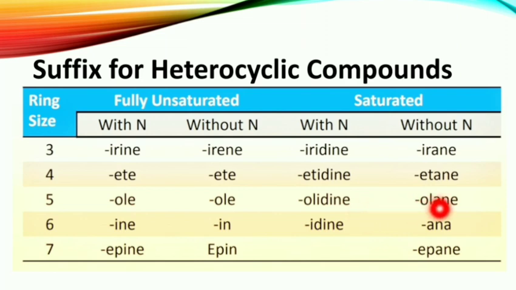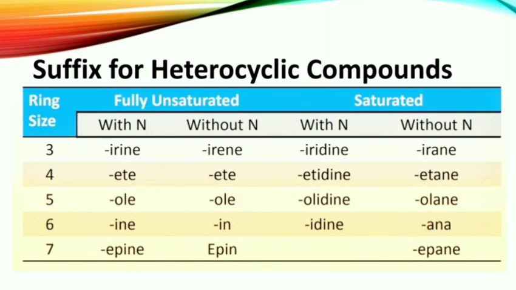Then for a 6-member heterocyclic ring, you use ine with unsaturated compounds having nitrogen. If nitrogen is absent in the heterocyclic compound, you use in as a suffix. For saturated compounds with a 6-member ring structure, you use idine, or without nitrogen you use ane.